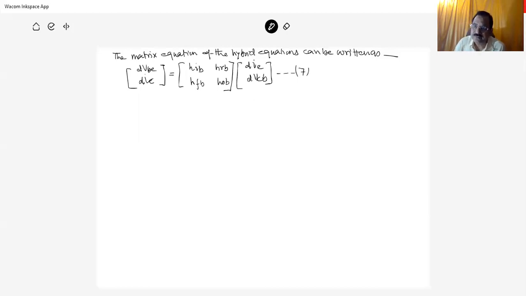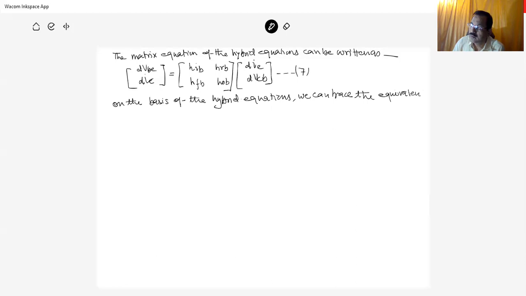On the basis of the hybrid equation, we can trace the equivalent circuit of CB configuration.